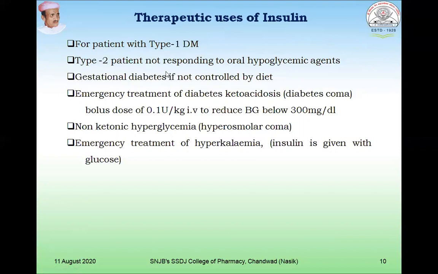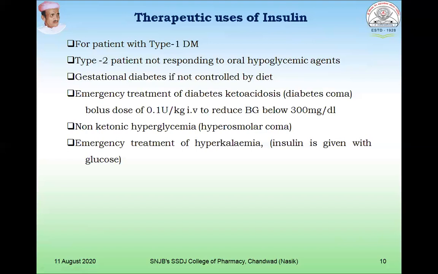Then third is gestational diabetes, if it is not controlled by diet. Then one more use is emergency treatment of diabetic ketoacidosis, which is also called diabetic coma. This emergency is usually faced in patients suffering from type 1 diabetes.